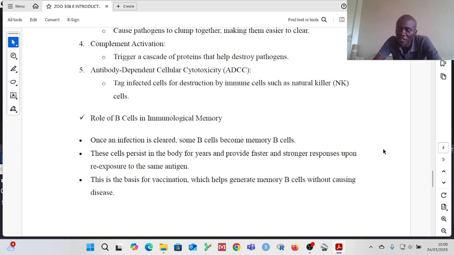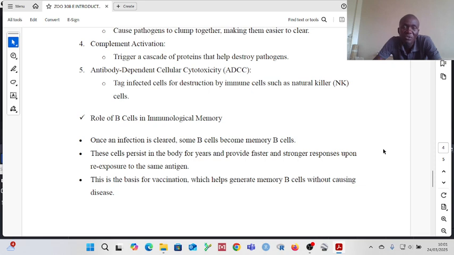After they've changed into memory B cells, they will persist in the body for some time. The importance of their persistence is to provide a response that is not only faster but stronger whenever there is re-exposure to the same antigen. And it is on this basis that vaccination happens.